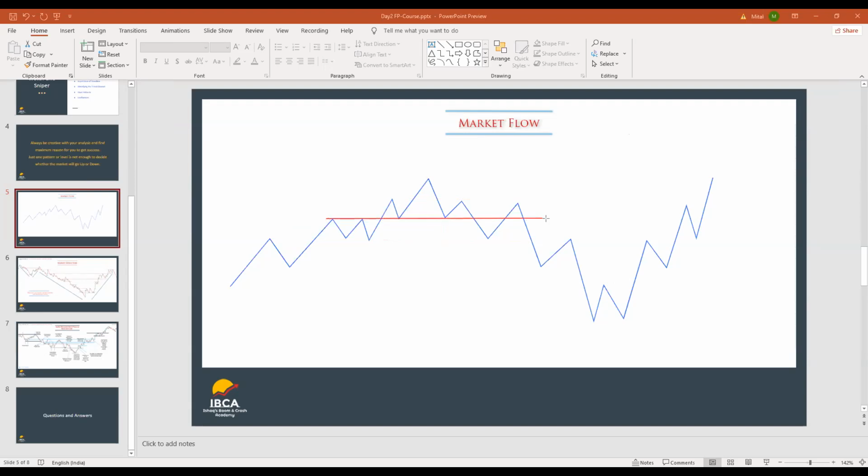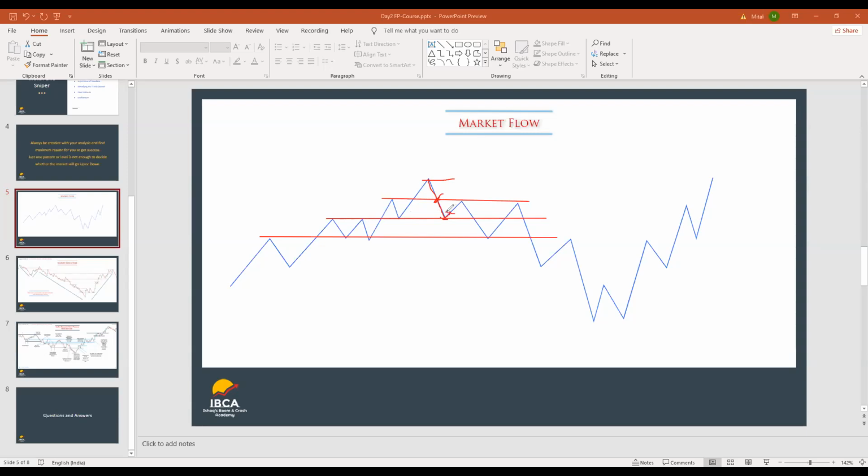So after this market structure, what is it doing? You can see that this is your high point. The market has come back, broken this level straight, to test this bottom level, right? And now it is going back again.